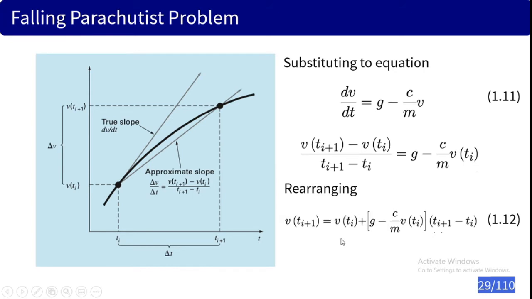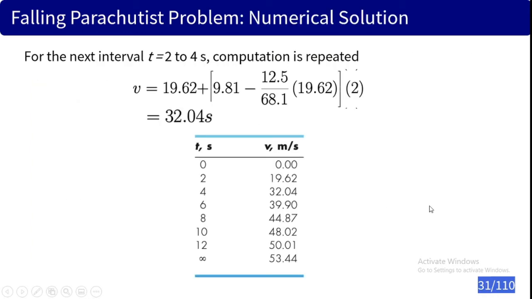So t sub i plus 1 is the velocity at 4 seconds, t sub i is 2, and the difference in the interval is 4 minus 2. Okay? So for the next interval from 2 to 4 seconds, we get a value of 32.04.